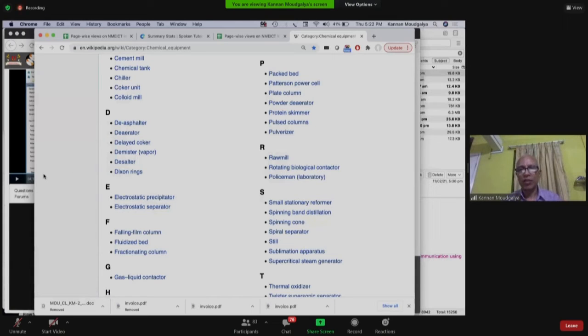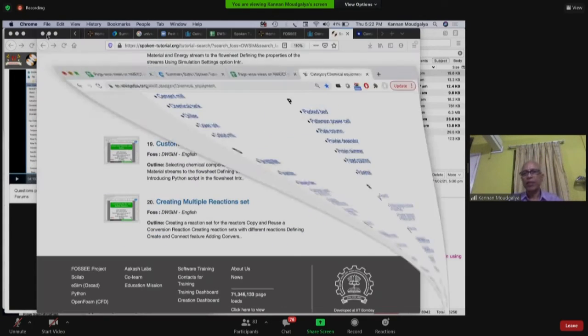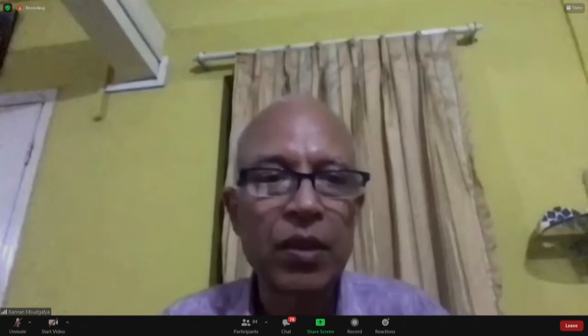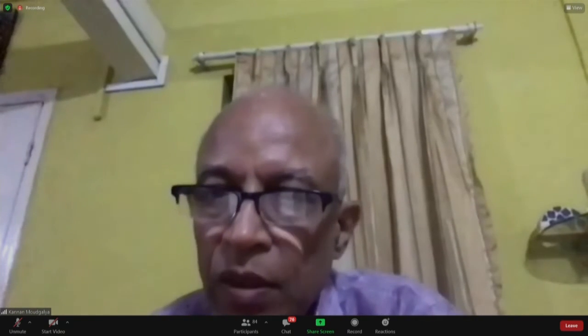Lots of ideas are there, and one can actually create a unit operation model using DWSIM, using IronPython. It's a kind of Python, and you make it work in DWSIM. Of course, this is more difficult, but then recognition also is better, right? So that is the third one I wanted to point out. That's all I wanted to say.